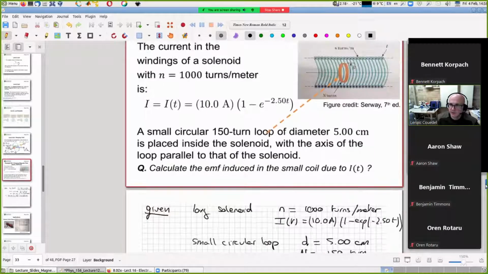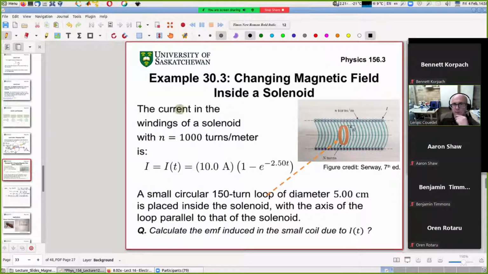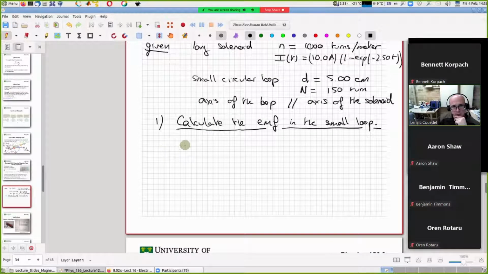Well, the first thing to do is, we have a solenoid here with a current inside. So we know from last lecture that this will induce a magnetic field inside the solenoid. So the first step is the magnetic field in the solenoid.